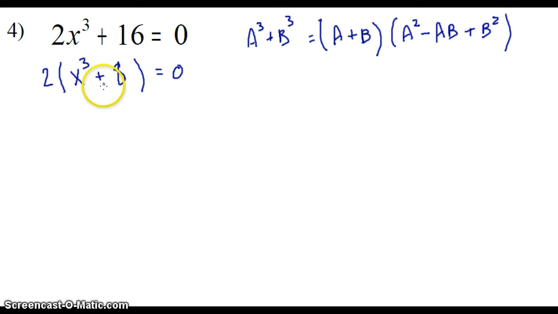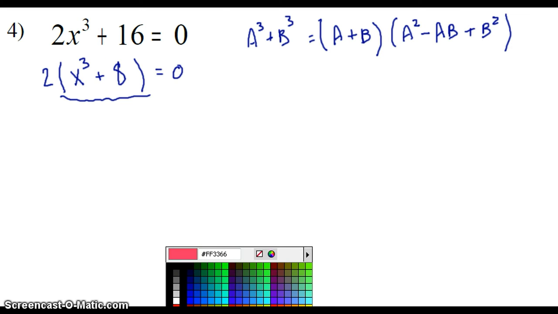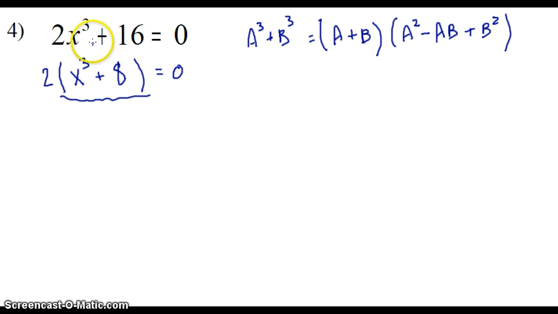In this case, here is my sum of cubes, my a is going to be the cube root of x cubed, so my a is x, and my b is 2. When I fire off the sum of cubes here, every time I see an a, I'm going to put an x, and every time I see a b, I'm going to put a 2.